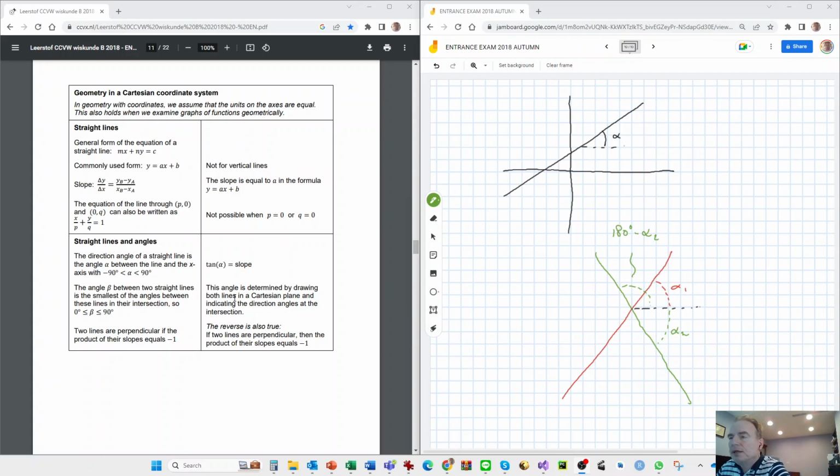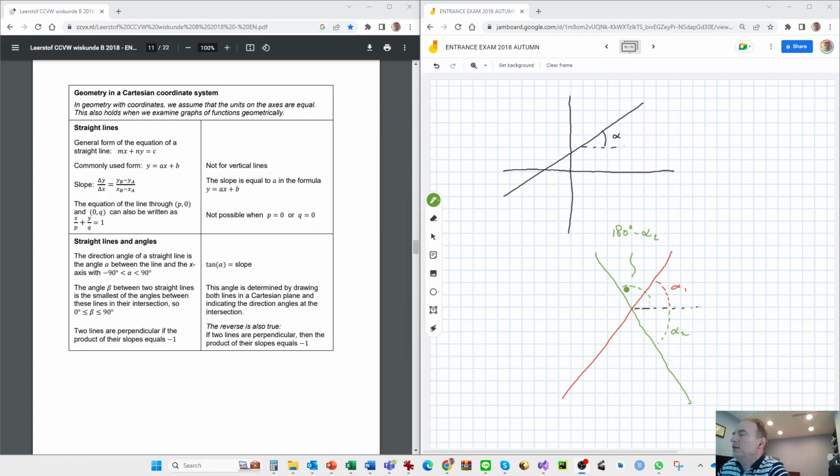They make a remark here: this angle is determined by drawing both lines in the Cartesian plane and indicating the direction angles at the intersection. I'm not entirely sure what they mean, but let's look at this example. The red line has a direction angle alpha 1, and the green line a direction angle alpha 2.